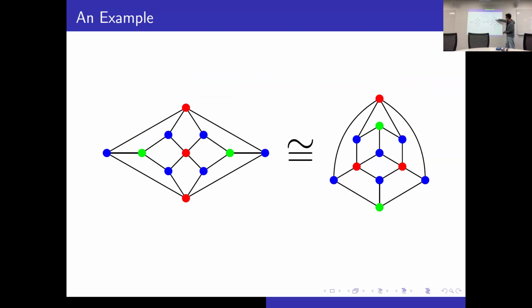You can see that the green goes to 3 blue, and then 2 blue to 1 red, and also another 2 blue to 1 red. It's exactly the Herschel graph. Green to 3 blues, and every pair of blue vertices on one side will go to 1 red. So we see that the Kirkman graph, according to our theorem, actually contains the Herschel graph as a minor.